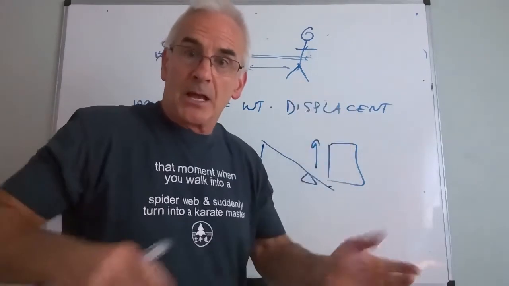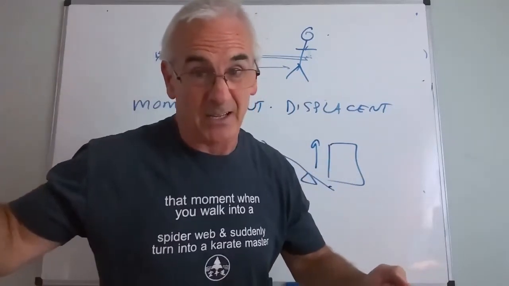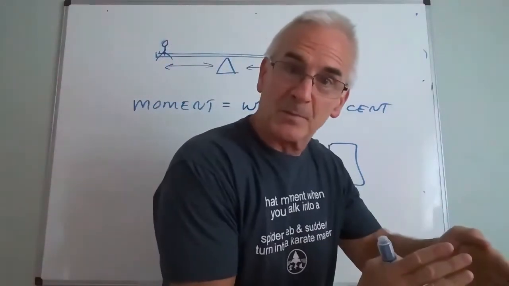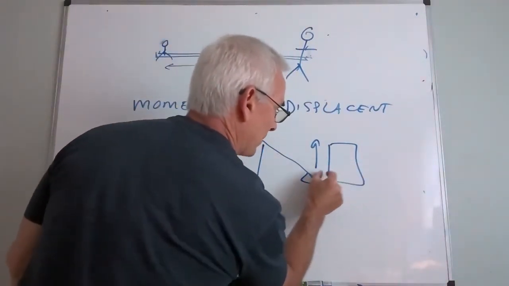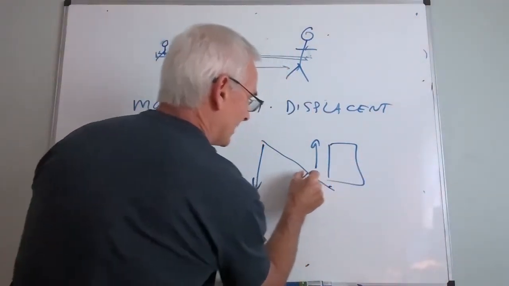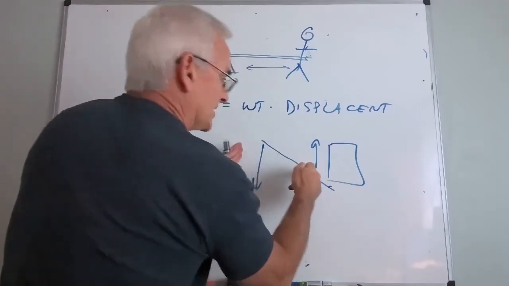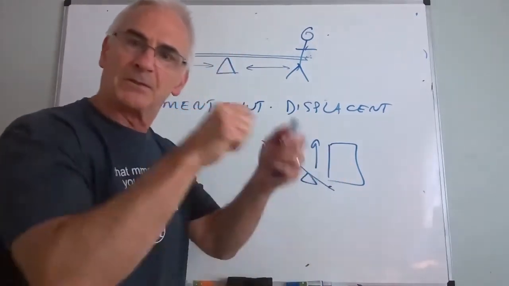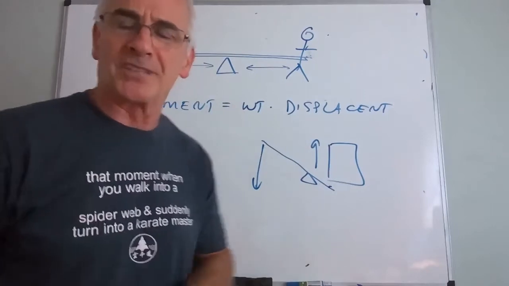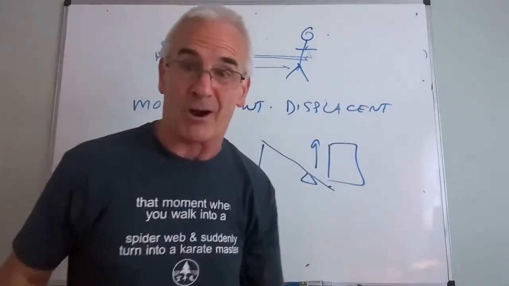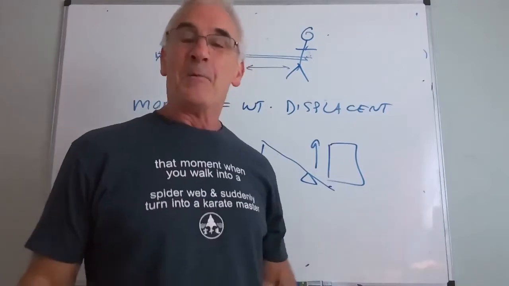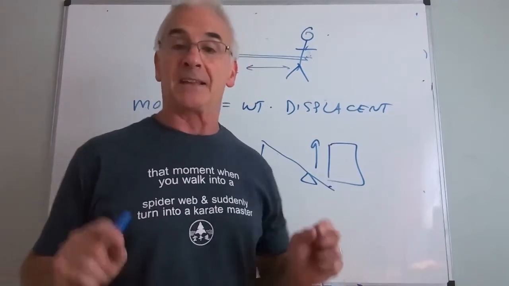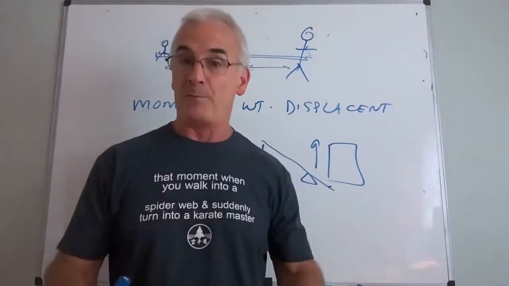If your lever isn't going to break and you move the rock close enough to the big heavy object, then as long as your force times this distance is equal to the weight times its distance, you can elevate the thing. That's as old as time itself. I've actually lifted a car out of the mud doing this. I had to have a pretty long rod, but it's possible. So the idea is when the moments are equal, you have balance.